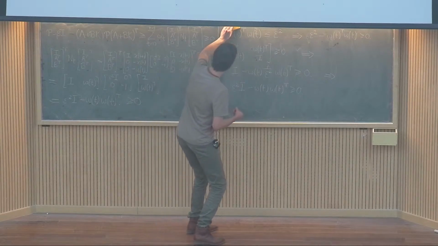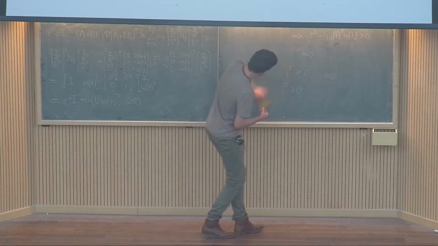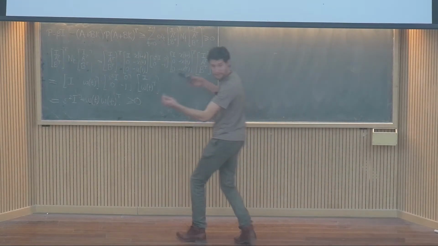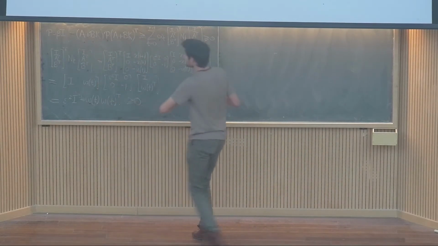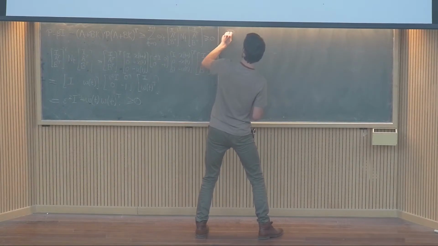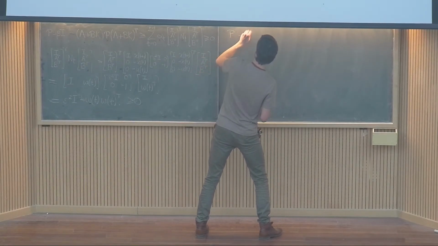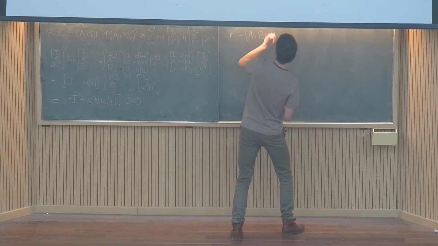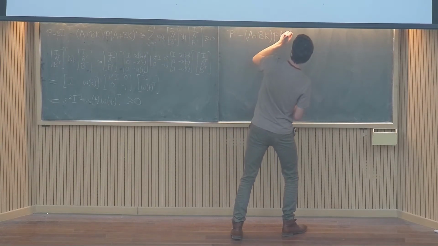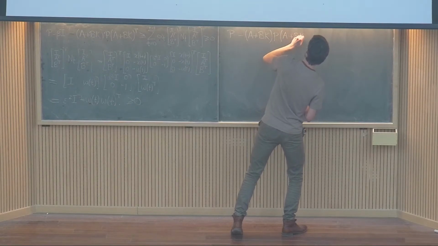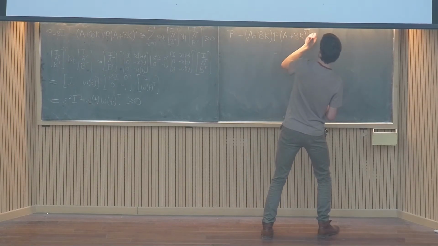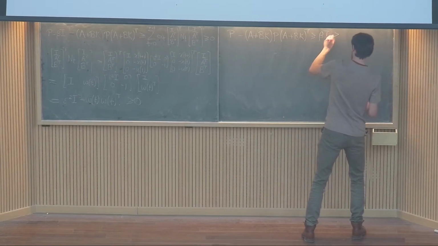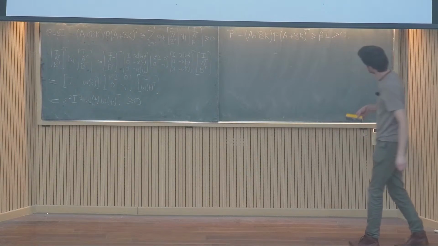Nice. But then we're almost done. Because what can we conclude then? On the left-hand side, P minus A plus BK P A plus BK transpose is greater or equal to beta I, which is positive definite because beta is positive.